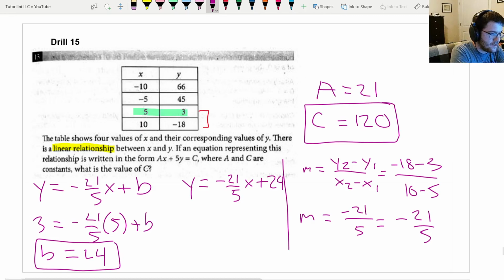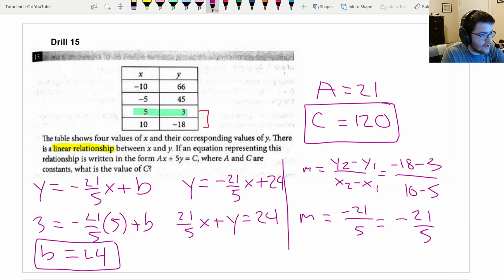We add 21/5 x to both sides, and we get 21/5 x plus y equals 24. And now, for standard form, we need to clear the denominators. So you can also kind of tell in the problem there's a 5 there.